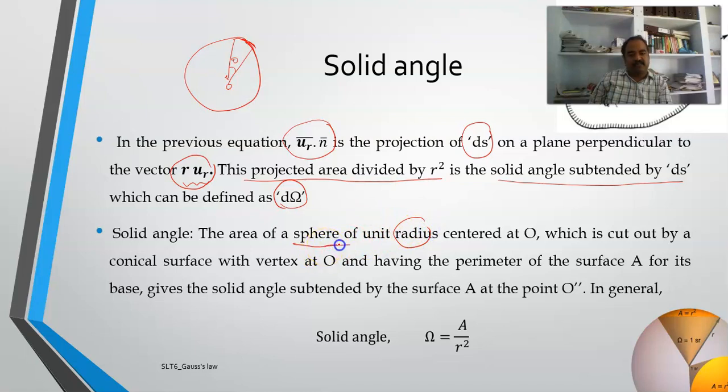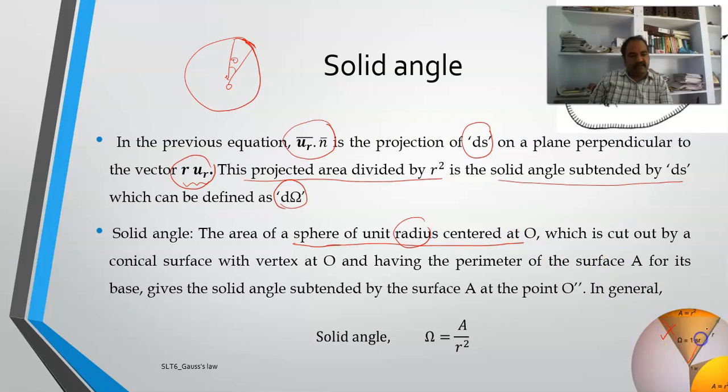Now assume that there is a sphere of unit radius centered at O. Consider the area of the sphere which is cut out by a conical surface.